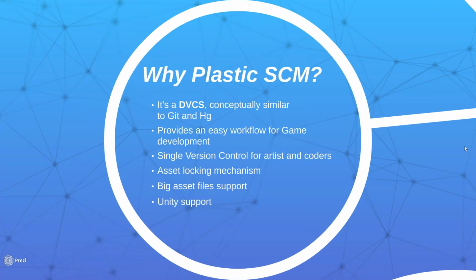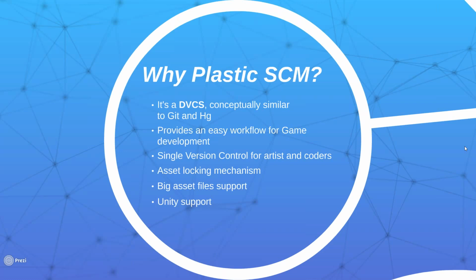It's also very powerful for developers. Branching and merging are key features. You can use the same Plastic SCM repository to handle the work done by both artists and developers. Plastic SCM also provides a lock mechanism, extremely useful if you are trying to achieve a merge-free workflow.